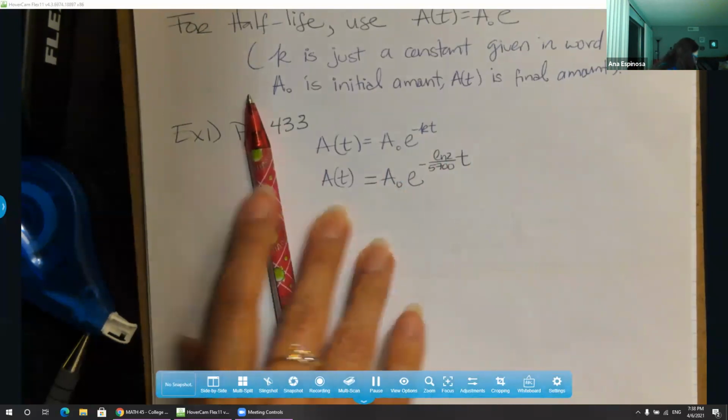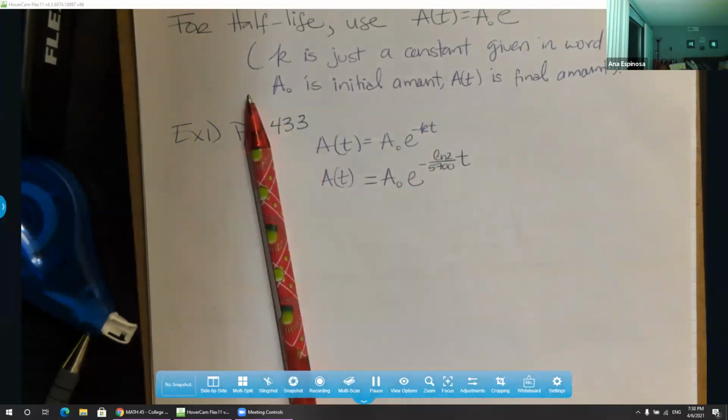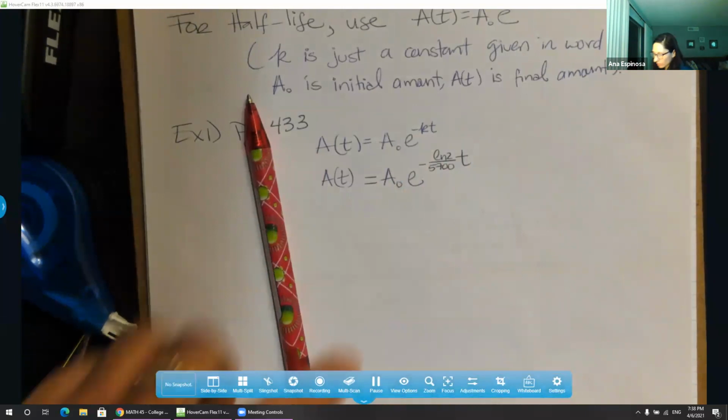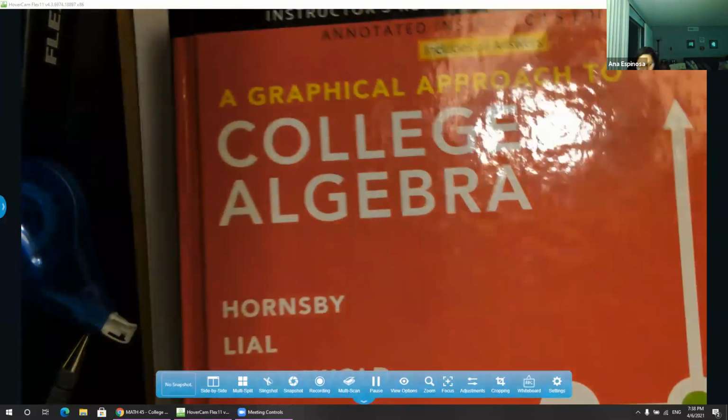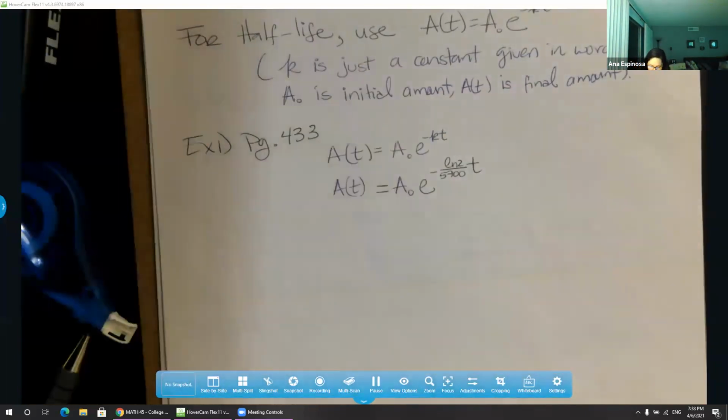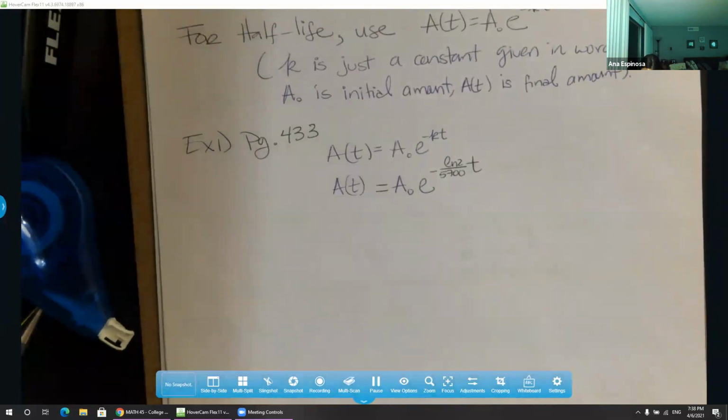Actually, let me look it up. I'll read you the problem so that you can see where I got this from. This is the book. Okay, so let's read 433 so that you can see what it is referring to.